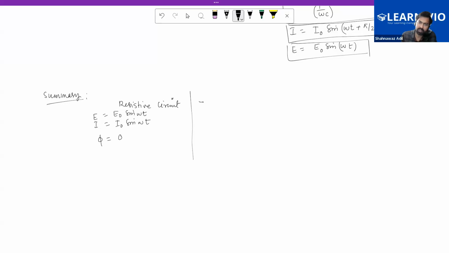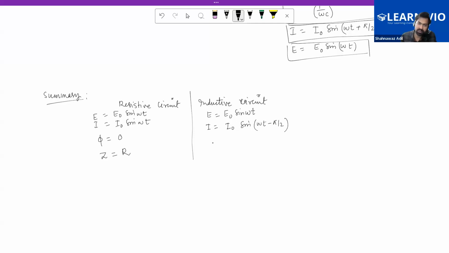In the case of inductive circuit, I have to write the reactance also, right? So let me write it as Z. This is simply R for the resistive circuit. For the case of inductive circuit, this is the supply voltage that we are providing, and the current that we are getting is I naught sine omega t minus pi by 2.